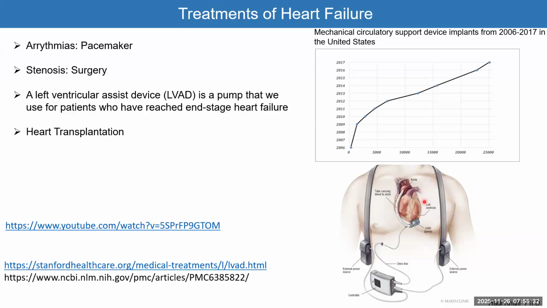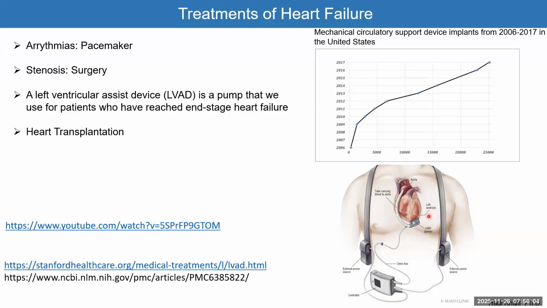Second, because of the immune responses after the transplantation of the heart. Therefore, nowadays, we have what we call left ventricular assist devices, which in principle is a pump that is inserted in the left ventricle, as you can see here. It takes over the function of the heart by pumping the blood from the left ventricle all the way to the aorta.